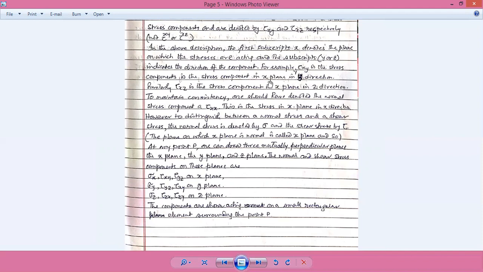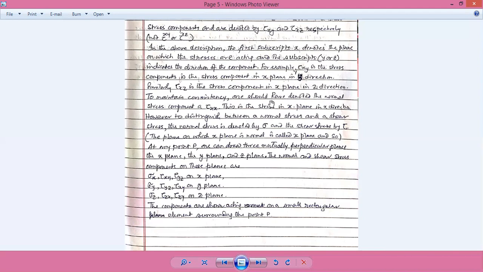We write the first suffix as x and the second suffix as y because it acts along the y-axis. Similarly, tau xz is the shear component in the x plane acting along the z-axis. So we have one shear stress acting in the y direction, and another acting in the z direction.